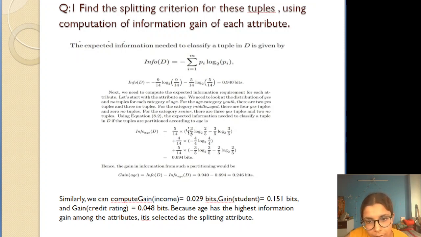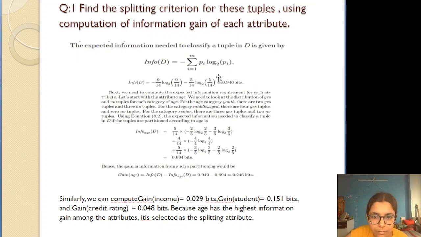Then we would take account of the yes, which was 2 by 5, and 3 by 5, because we have 3 no's in our tuples. This was for the youth one. Then we had the middle age one, and then finally the senior category. With respect to all the categories, we have added them and found a final result, which was 0.694.